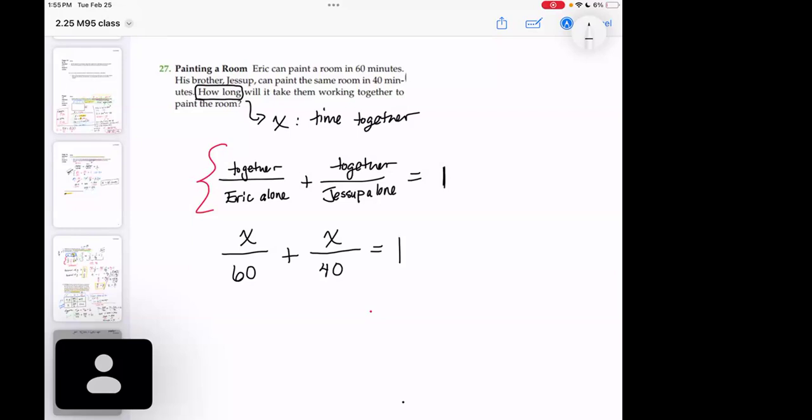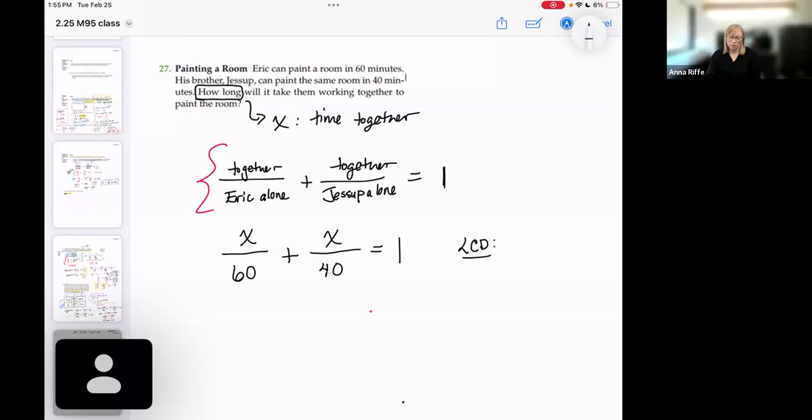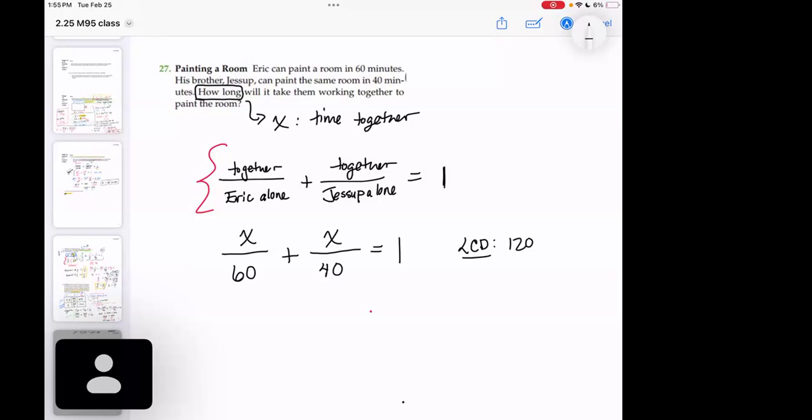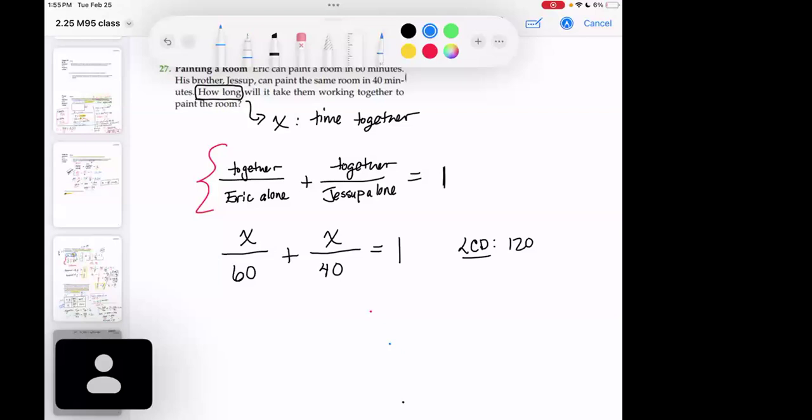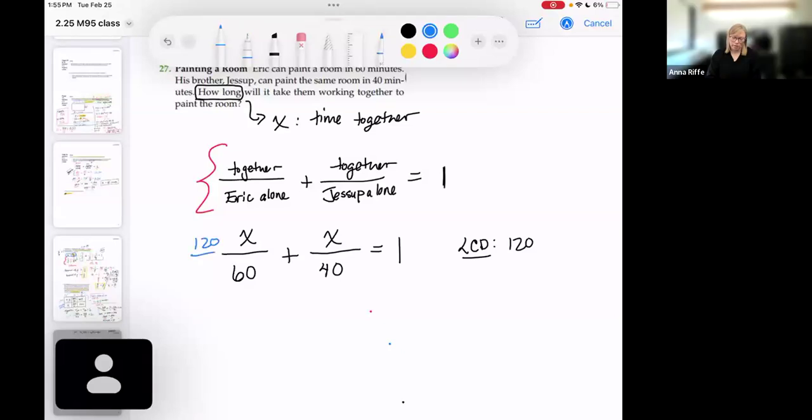So will we find the LCD right here? Find some sort of common denominator, which I think is 120. So we can multiply everything by that.